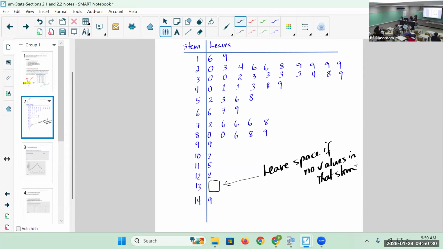When you look at that sideways and you think about this being bars like the histograms, where is the highest frequency? What class or what stem? Stems 2 and 3. Which one has the least frequency? 13, because it has 0.